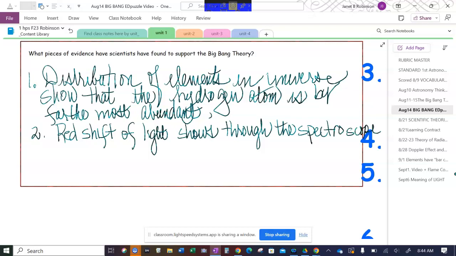Shows through this that the emission lines are redshifted. The emission lines of elements are redshifted.